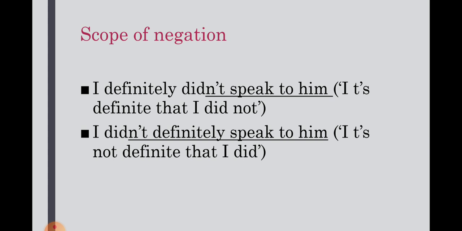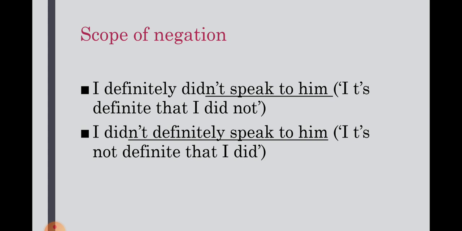I definitely didn't speak to him. So the negative word not is used after the operator, the adverbial definitely, and the subject. So the extension started from not to the end of the clause or the sentence in this example. So the words that lie within the scope of negation are not speak to him.